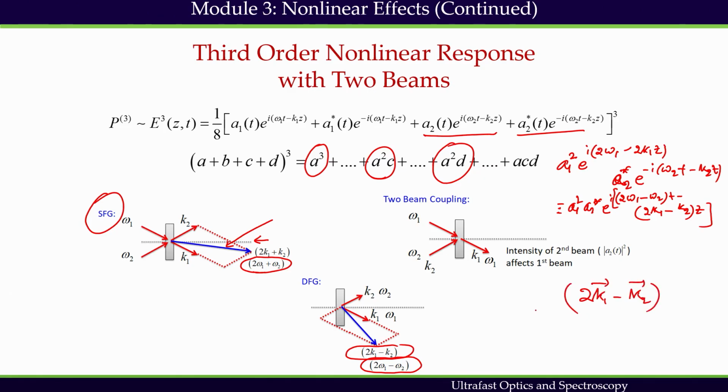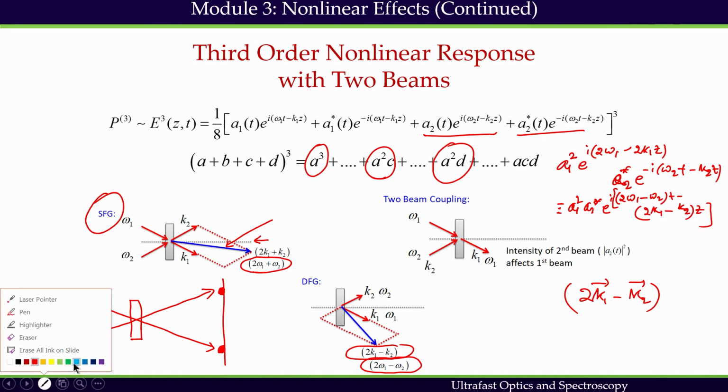So if we project that, let's say I have a nonlinear medium and I'm seeing it from the top. I have two beams going along this way. These are the two input beams. So on a screen I will have one spot here and one spot here due to the input beams. In addition to that, I will have one more spot at the same position; these are the third harmonic generation.